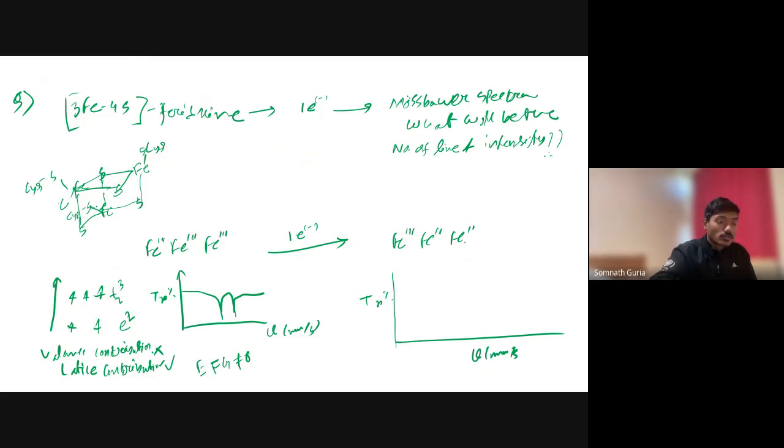That means we have some lattice contribution as well as some valence contribution, because of the T2 3 EG 3 configuration. One electron is in an orbital over here, so there is a valence contribution.